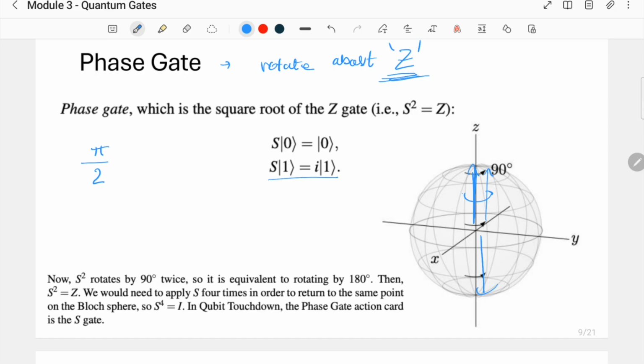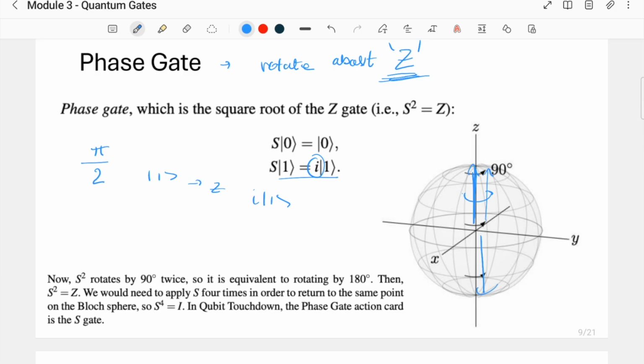Now it doesn't do anything to the 0 and 1 states, because as we discussed, they lie along the z-axis around which we are doing the rotation. We obtain the same states. You might think there is this iota here. What it is doing is just changing the phase. So if we consider the state 1 and apply the S gate on this, we obtain iota|1>. Let's see the probabilities.